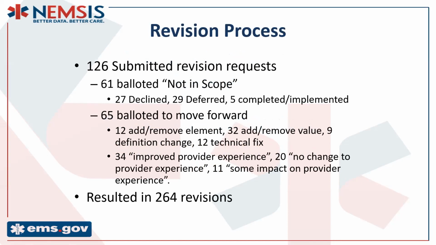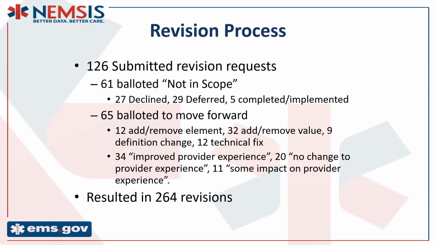Just in summary, there were 126 submitted revision requests that were made during the open call for suggestions. Some of those revision requests were large, that is, they had lots of revision requests within an individual request, and so there were clearly more individual revisions than 126.